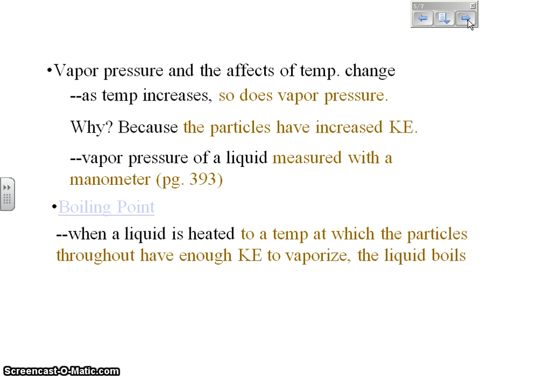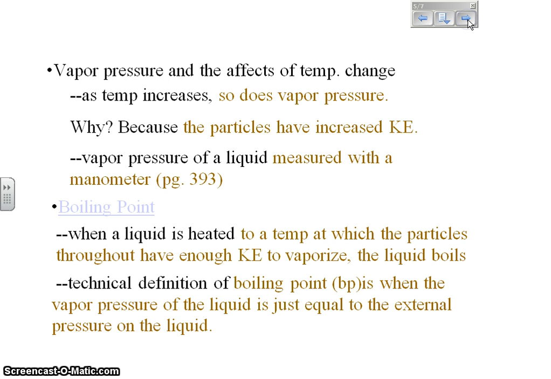Well, when you're boiling water, or any liquid for that matter, you are applying that heat through the entire system, so all of the particles will achieve enough energy to vaporize, and that's when you get liquid boiling. Now, the technical definition of boiling point is when the vapor pressure of the liquid is just equal to the external pressure on the liquid.